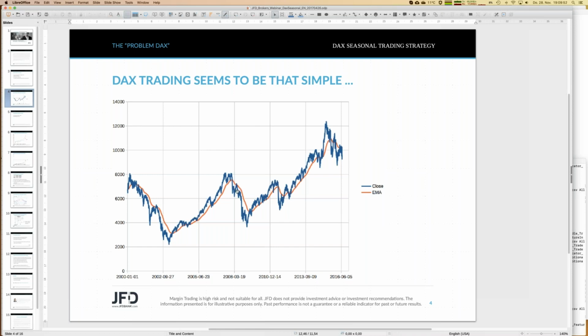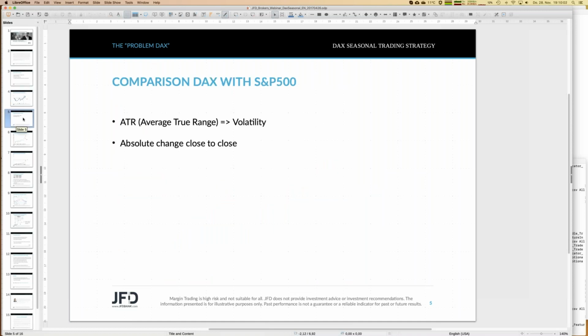But so we need stop losses, and even if you think on smaller time frames, it might get much more tricky than the graph seems to illustrate. And in order to compare that from a more mathematical point of view, I want to do a comparison of DAX with S&P 500. And I will look for two, let's call it parameters or indicators or numbers. I want to compare the ATR, which is the average true range, a measure of volatility, so to say.